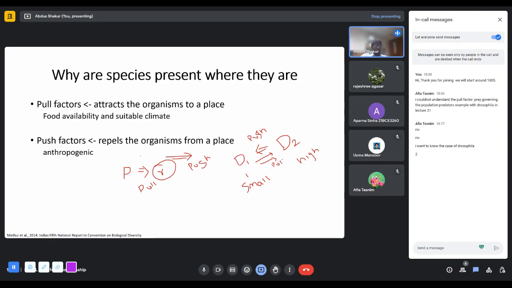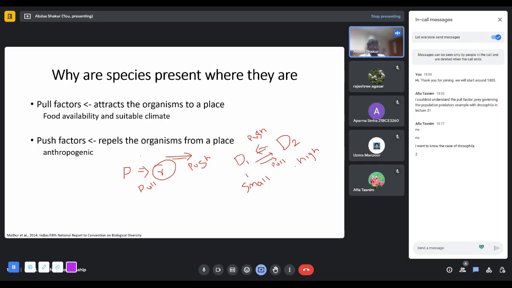So pull is basically, you can also think of it in terms of having favorable conditions. Since D2 can compete with D1 way better, it will try to come to those areas wherever D1 is present. Since D1 can't compete with D2, it will try to leave those areas where D2 is present. So it will be absent from those areas mostly where D2 is present, or found in very few numbers.